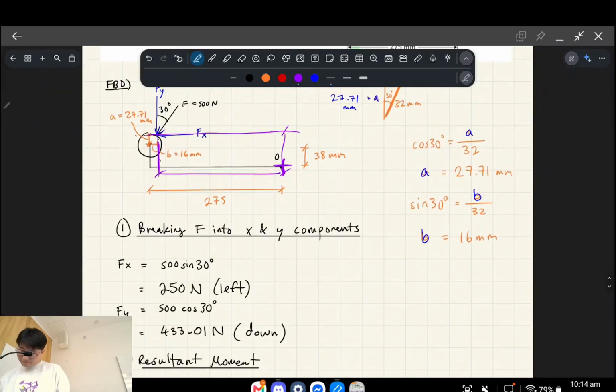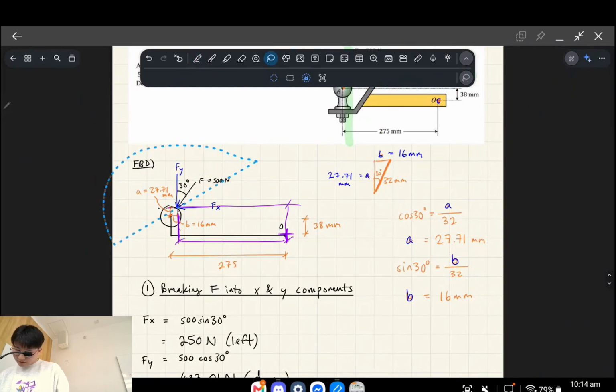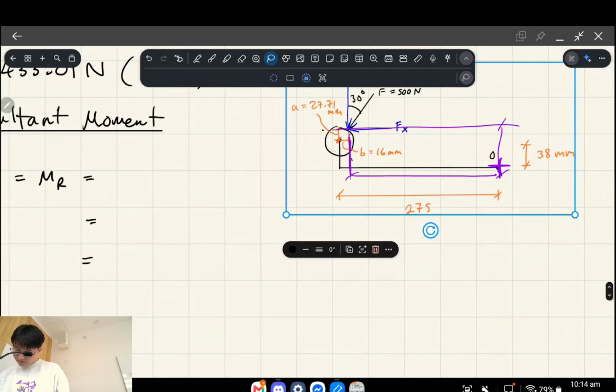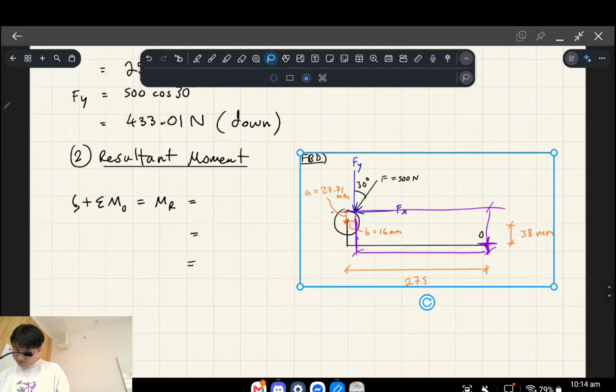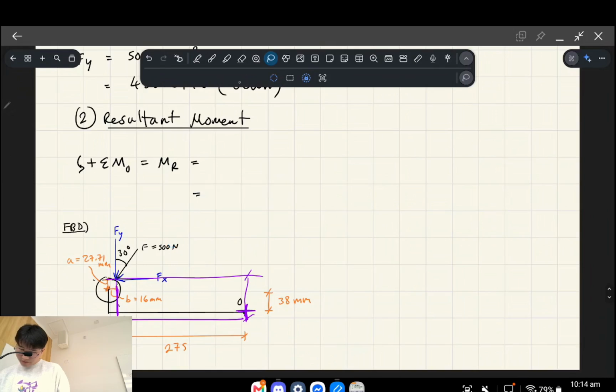So, one sec. I'm going to move this. Like so. Oh no, it's a bad spot. Maybe here. Okay, so let's consider the vertical force first, so Fy.